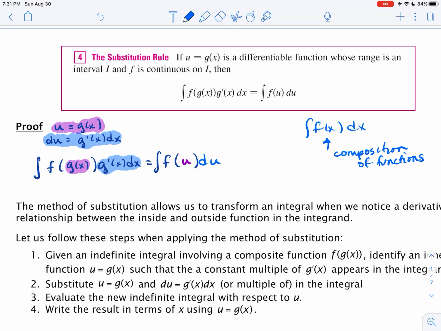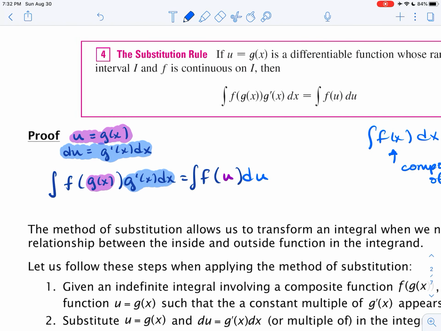If u is equal to g of x, and it's a differentiable function whose range is an interval I and f is continuous on I, then our integral of f of g of x times g prime of x dx is equal to the integral of f of u du. So here I've just already outlined the proof. If I let u equal g of x, then I take its differential. Then du is g prime of x dx.